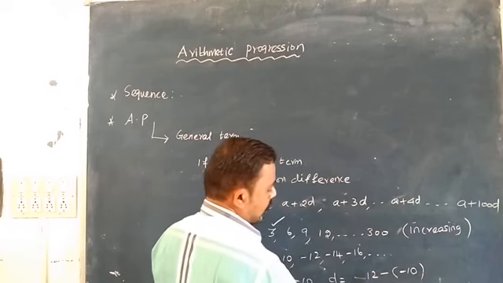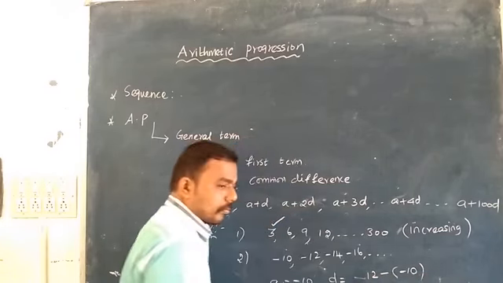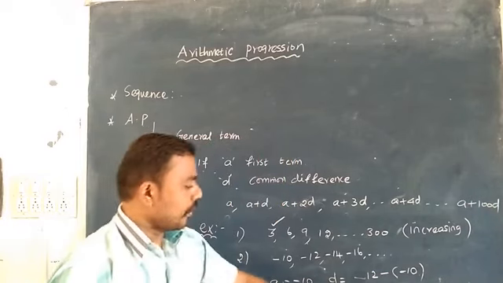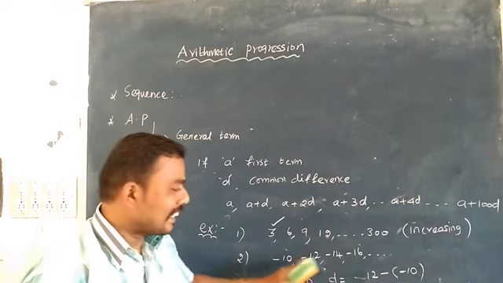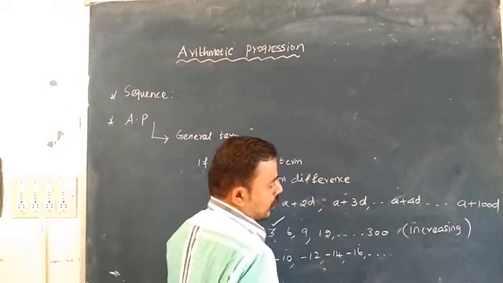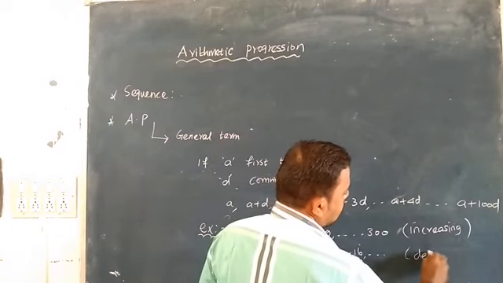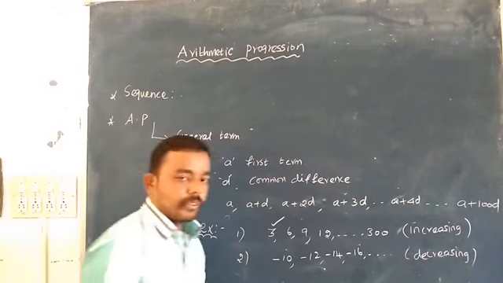This is the meaning. So minus 12 plus 10, that is minus 2. If D is negative, you think that it's decreasing. So it's a decreasing AP, like that.